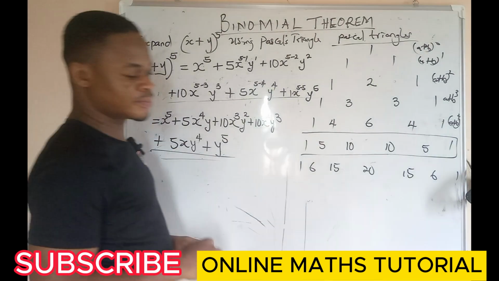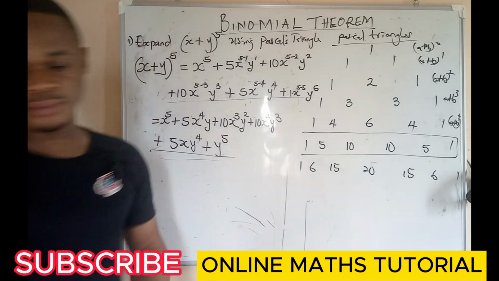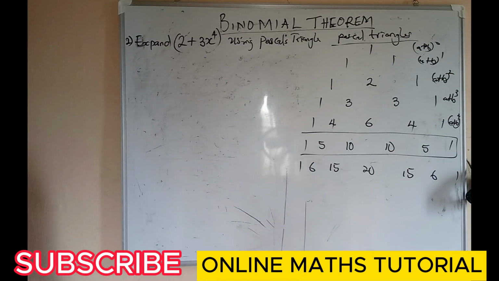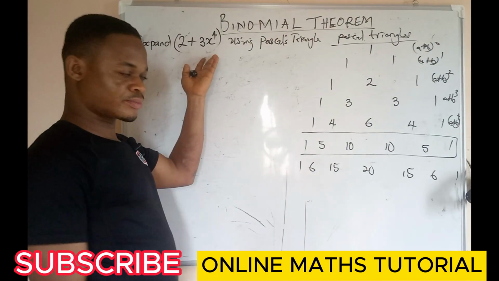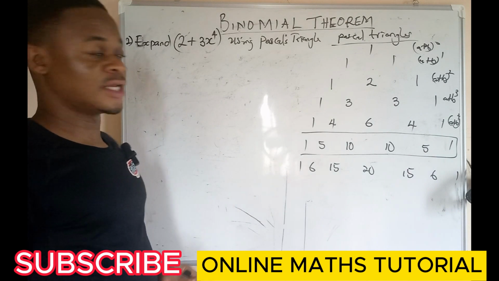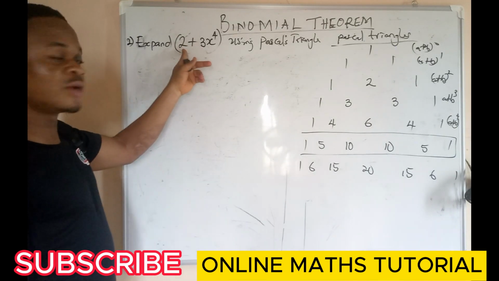So that is one. The second example is, look at the second example. This is entirely different from what we did initially. And in this case, instead of having a variable here, we have a number.